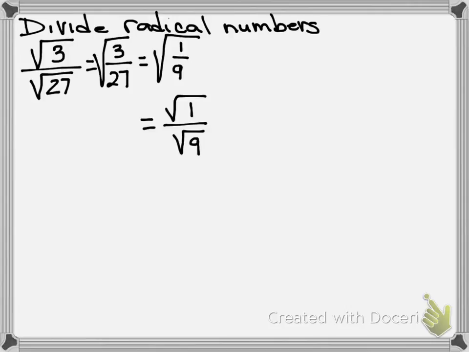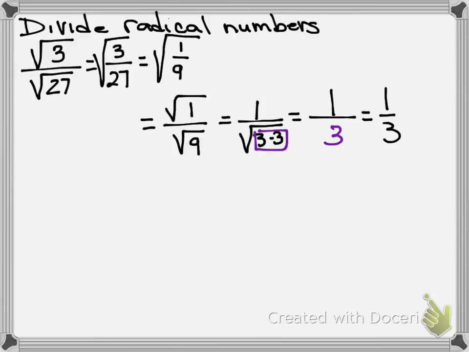Square root of 1 over 9 equals the same thing as square root of 1 over the square root of 9. We all know the square root of 1 is 1 and the square root of 9 is 3. So if we look at our simplification, just like we've been doing, 3 repeated twice because we're looking for a group of 2's, and it becomes 1/3. And that is your answer.